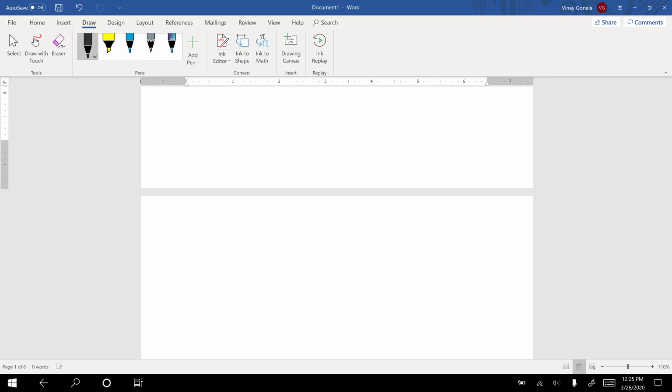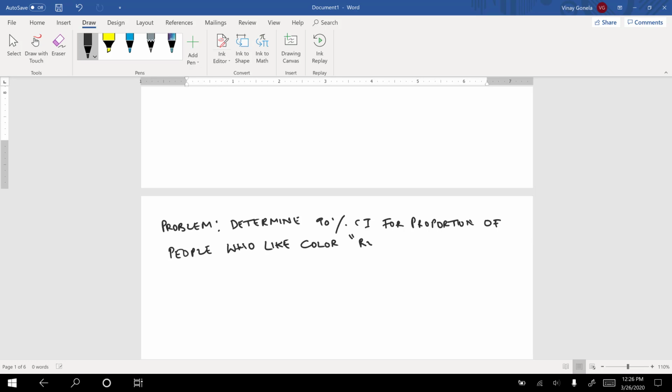So this is our problem. The question is: determine the 90% confidence interval for the proportion of people who like color red in Killeen.